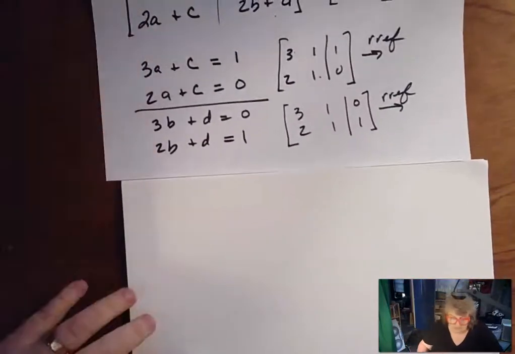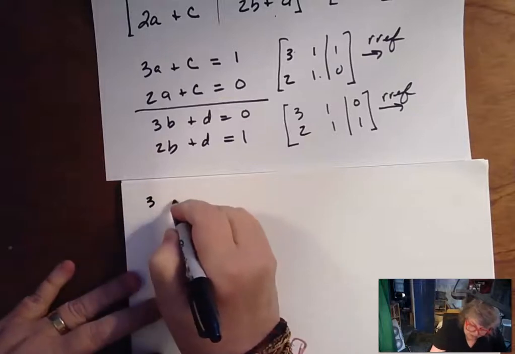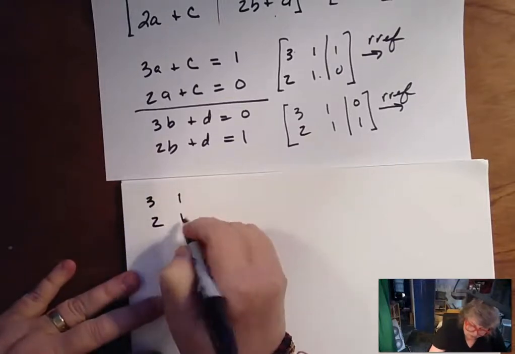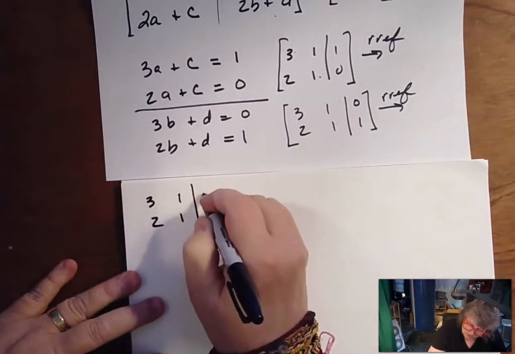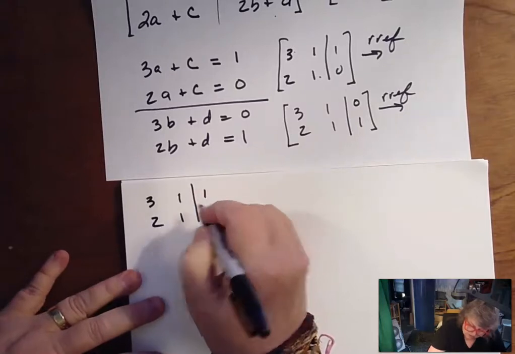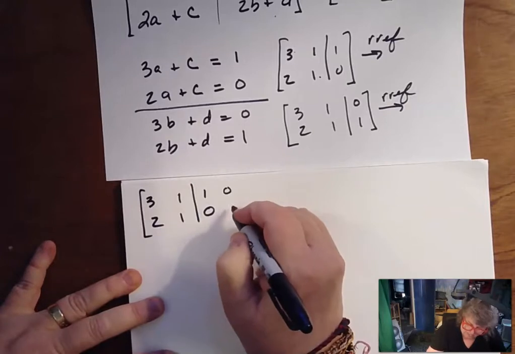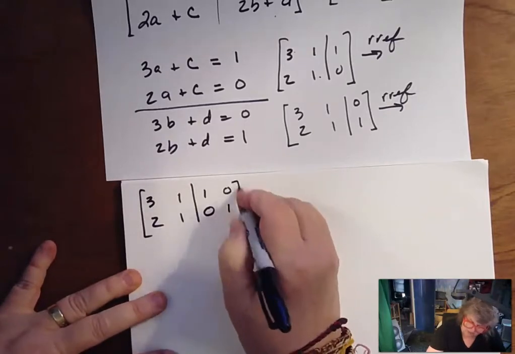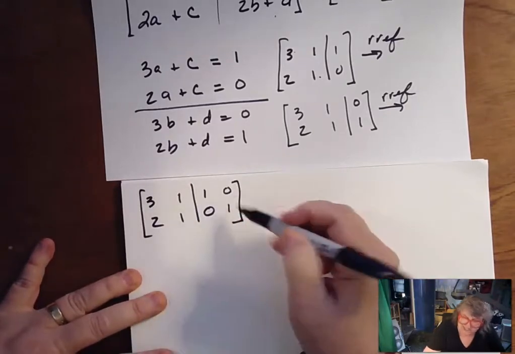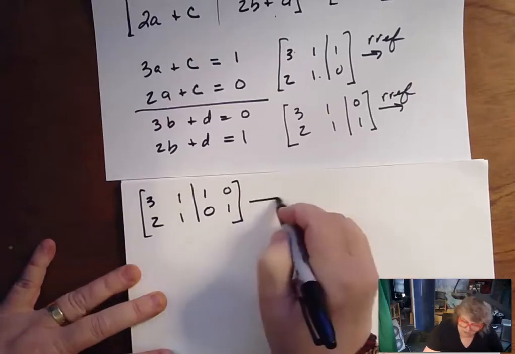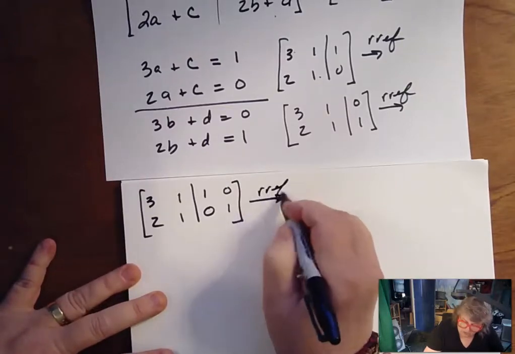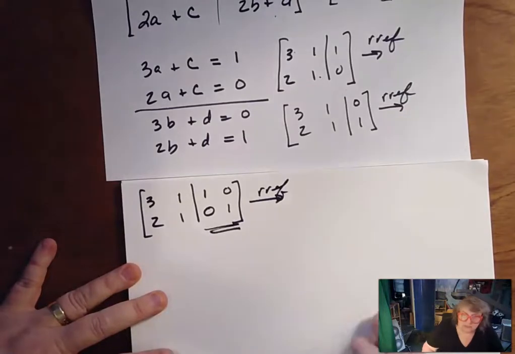So let's set this up as, I have a 3, a 1, 2, 1. The first set of equations gave a 1 and a 0, and the second one gave a 0 and a 1. And I'll have to put this in row reduced echelon form. Well, now notice that's the identity.